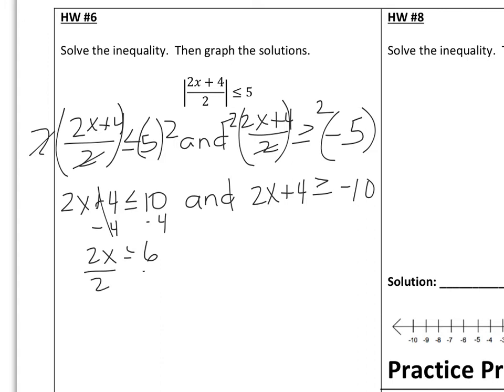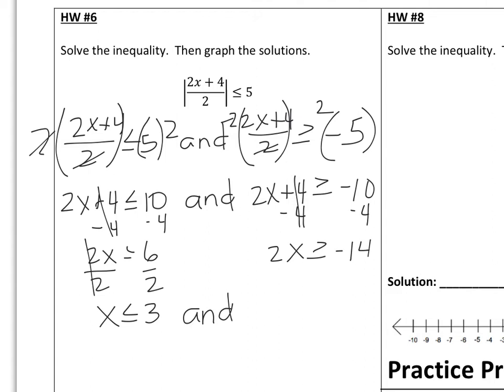And then divide by 2. So x is less than or equal to 3. And then subtract 4. So 2x is greater than or equal to -14. Divide by 2. You get x is greater than or equal to -7.